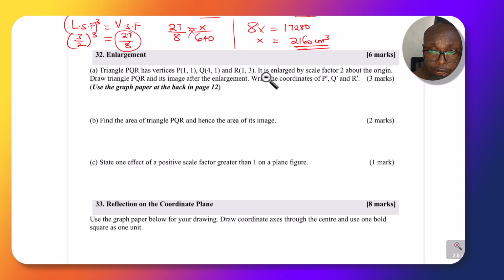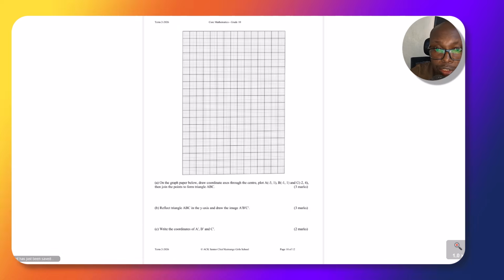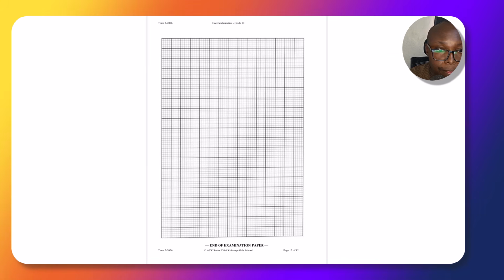So we have this triangle. It is enlarged by scale factor 2. So the first thing is plotting. So we plot P(1, 1). So start by drawing the axis. So let me draw the axis very fast.